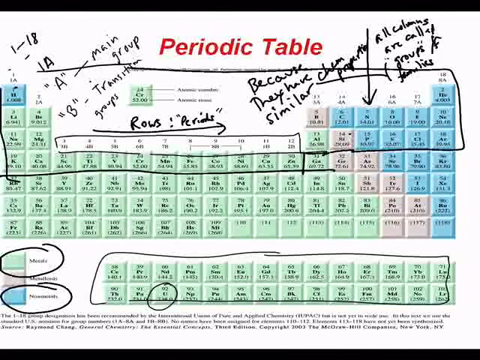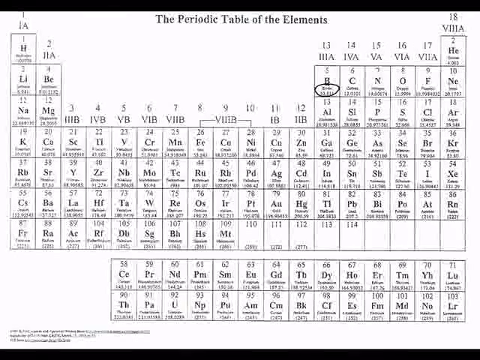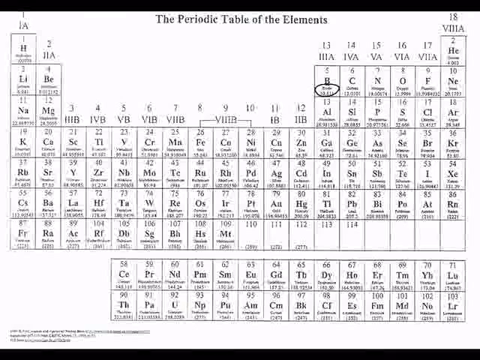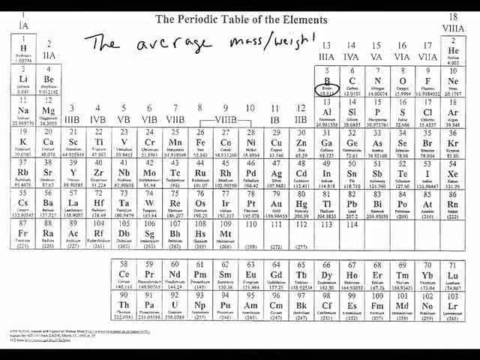Alright, now here's a nice one because, hey, it's got the names. Right, you can also see that. But what is that number underneath? That is important. This number is the mass of the atom. It is actually the average mass of the atom, or weight, called the atomic weight. Element.